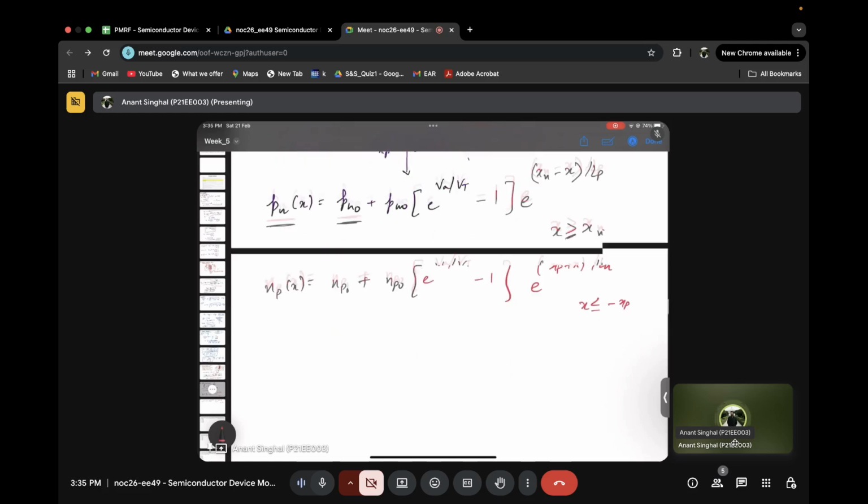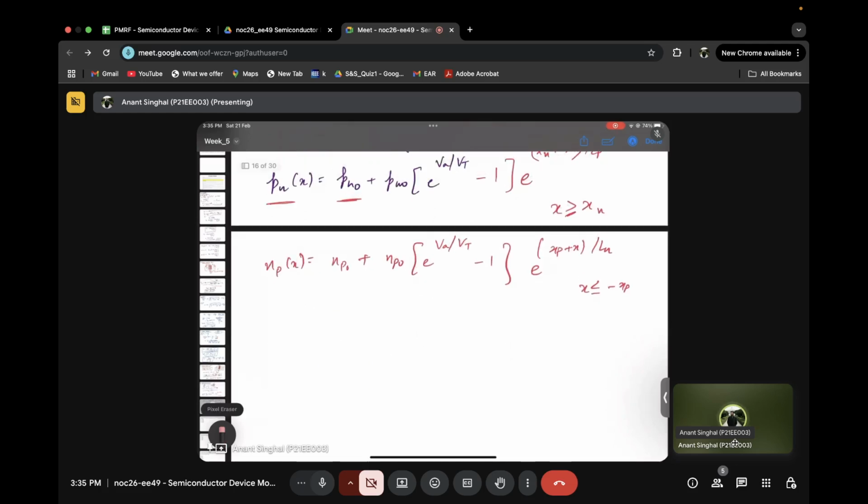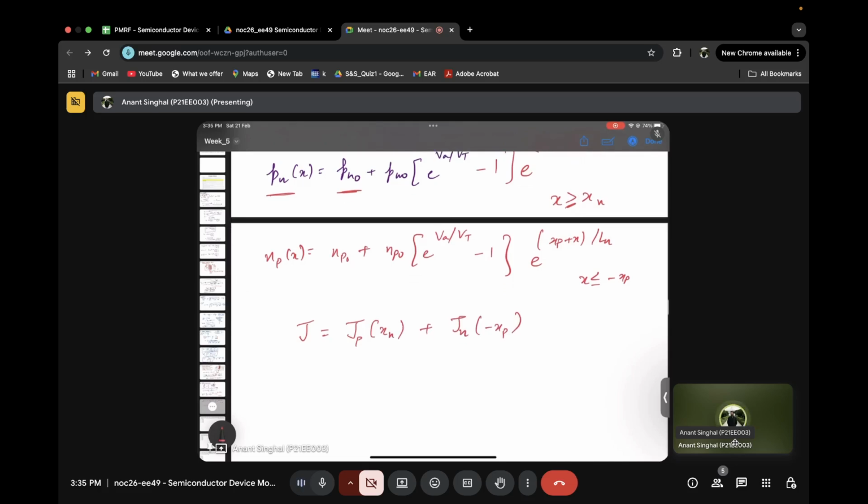And once we have this concentration, we only need to calculate the current, right? So current density, if you remember, it is nothing but Jp plus Jn, for x less than minus xp. We are only interested in the minority carriers, as I said. And if you remember, I already explained to you that there are two components of current. One is the drift and one is the diffusion, right?